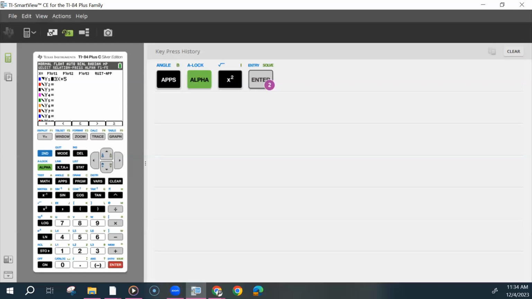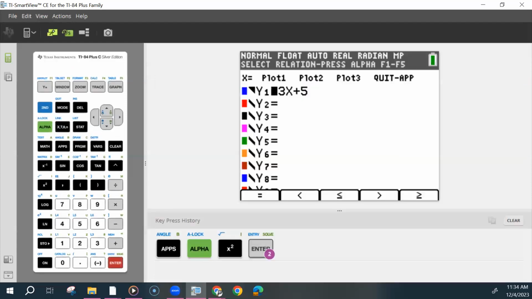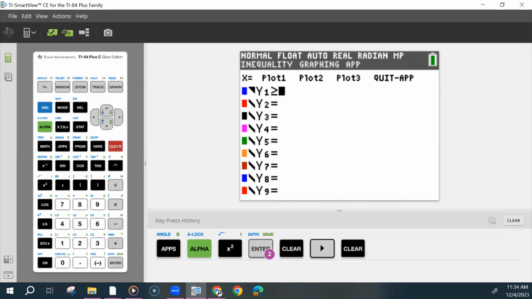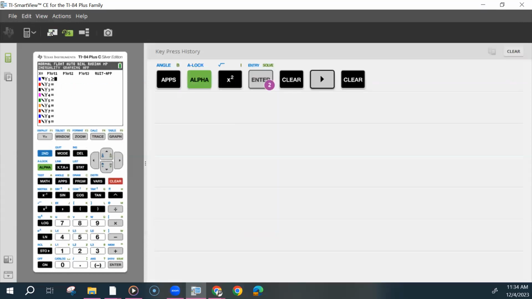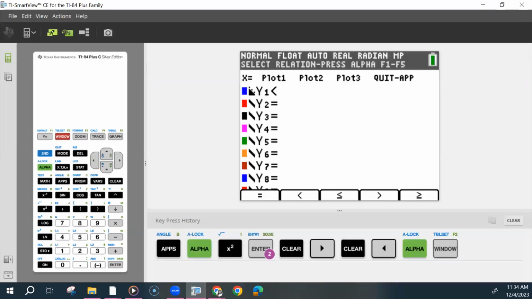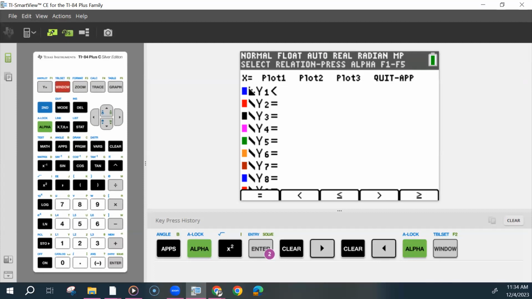So one is y is less than 3x plus 2. If you have something in there already, you can change it. If you don't, then you're going to go over to the equals, where it's highlighted, and then alpha, whatever button you need. So alpha window, to change it to less than, and then 3x plus 2.